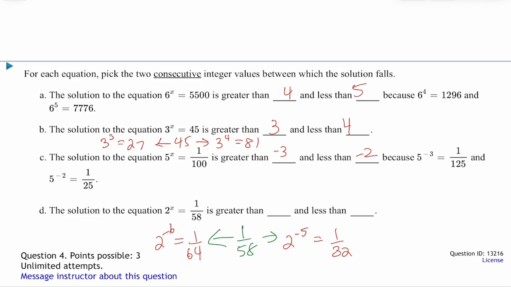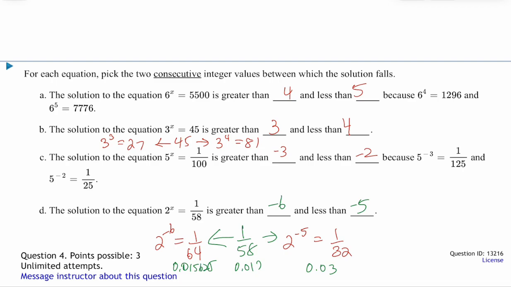So that means I'm between -6 and -5. Watch your order there, because you have to go in number line order. So if my number is 2 to the x equals 1/58, I just use -6 and -5. Just check what you got.